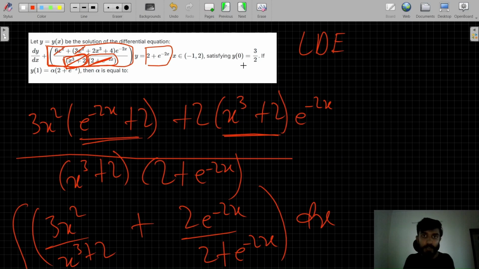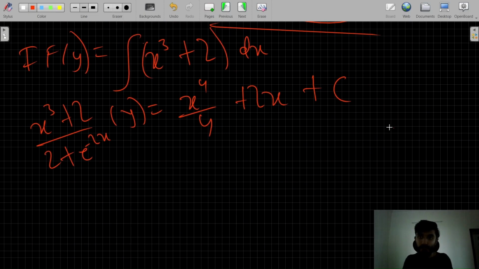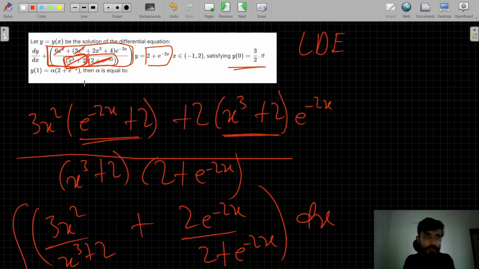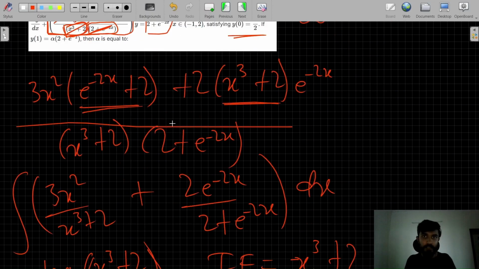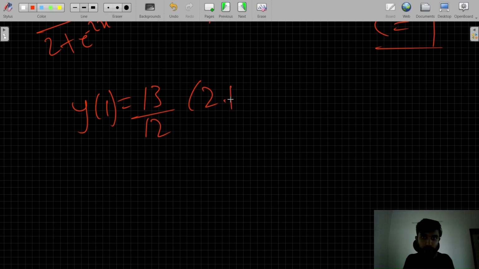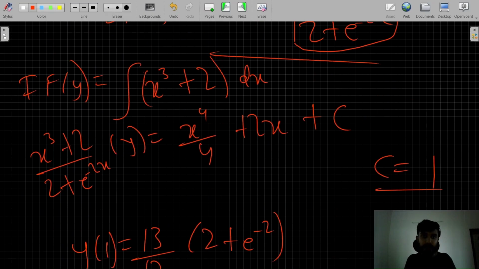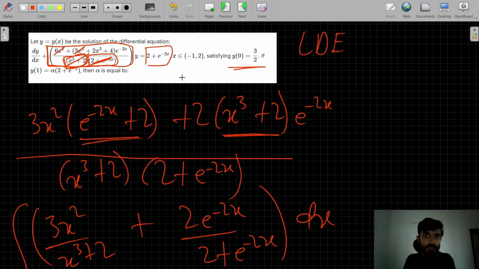Now, it's given that y of 0 is equal to 3 by 2. So c is equal to 1. Now you want y of 1. y of 1 equals 13 by 12, over 2 plus e power minus 2. Hence, the value of alpha is equal to 13 by 12.